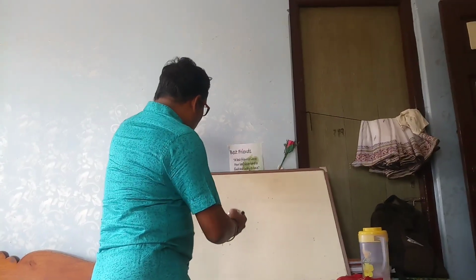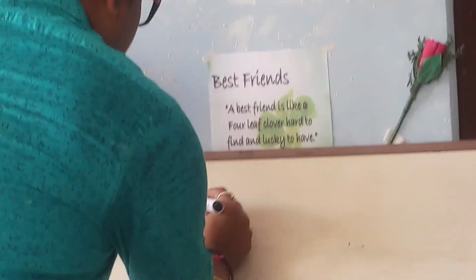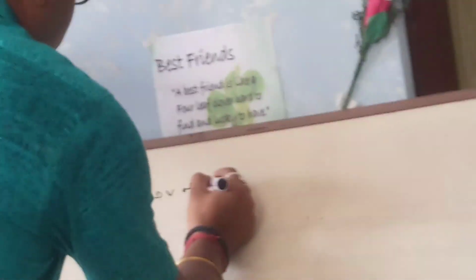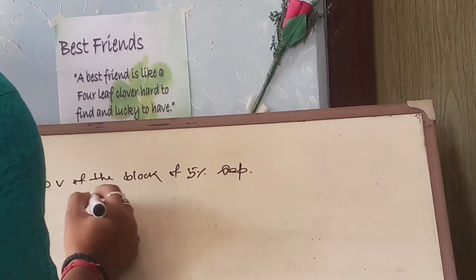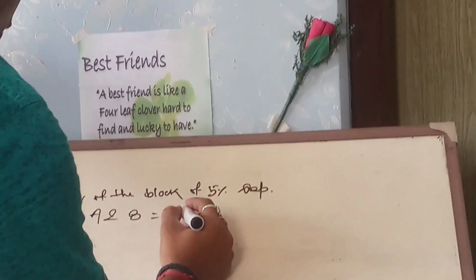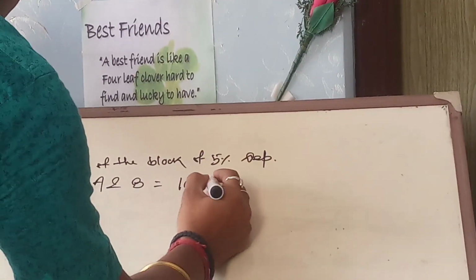Let's take one example. Say WDV of the block of 5% depreciation consisting of A and B was rupees 1 lakh.